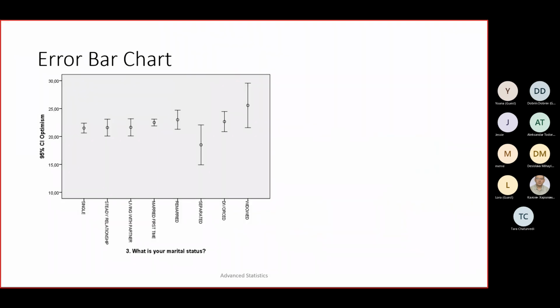When I said maybe there is a statistically significant difference, or maybe there is not, we can test this with post-hoc tests, and the final conclusion is that the only one statistically significant difference is between separated and without, only between these two groups.